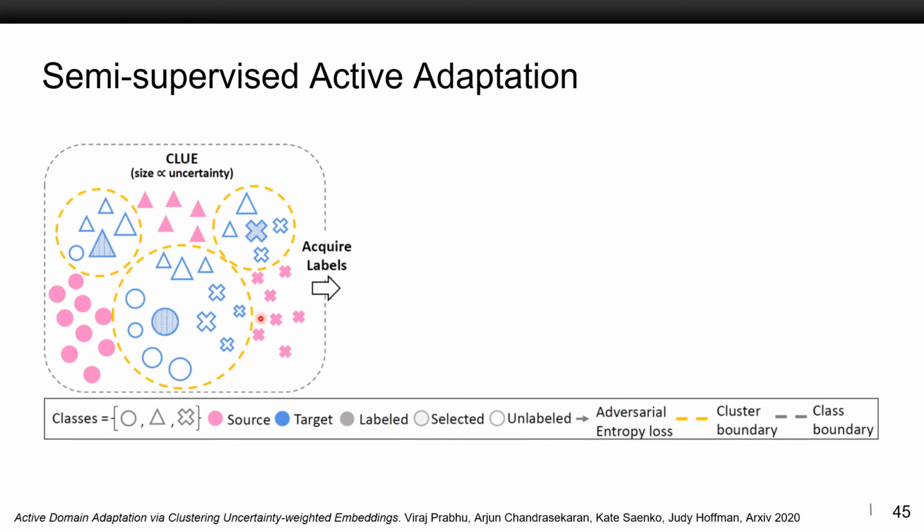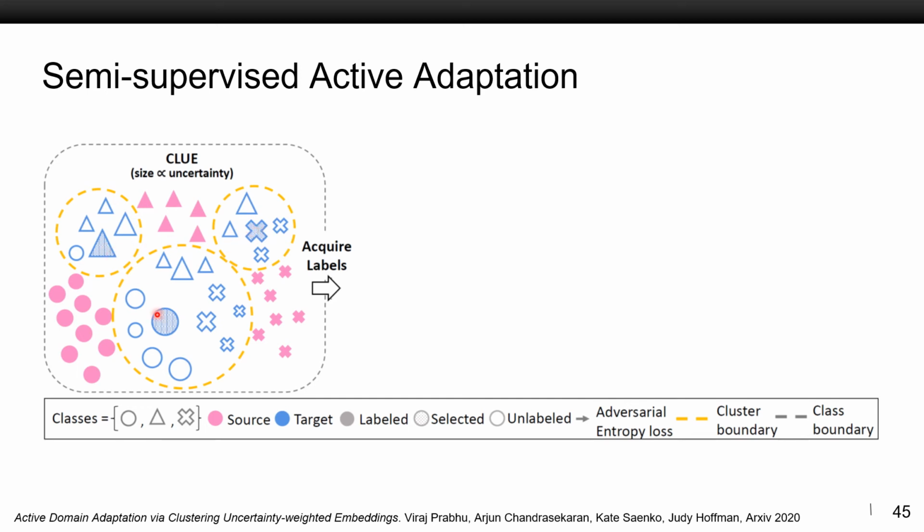So here's a brief overview of this method, which we call CLUE. So we start with the source domain here. This is shown with pink color, and the target domain is shown in blue, and then we start with unlabeled examples, which are empty shapes, and then these shaded shapes are the ones that we select for labeling.